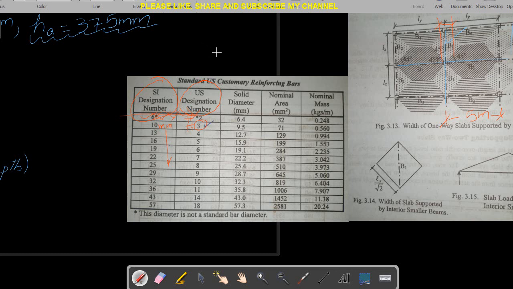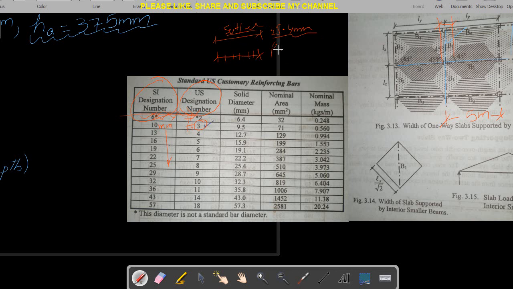In 1 inch, in our local language we call this sutar. So number 3 means almost in 1 inch we have 25.4 millimeter roundabout, right? So in 1 inch we have 8 divisions or 8 numbers, right?